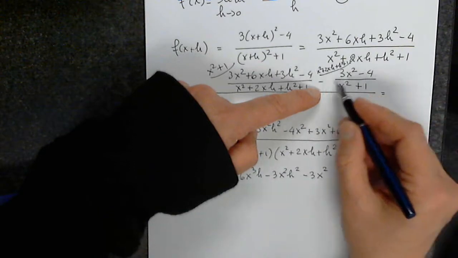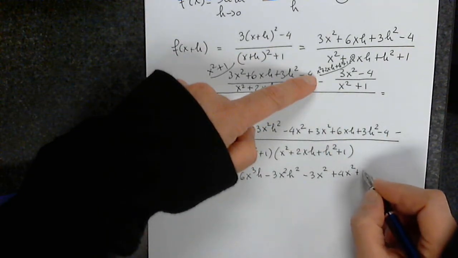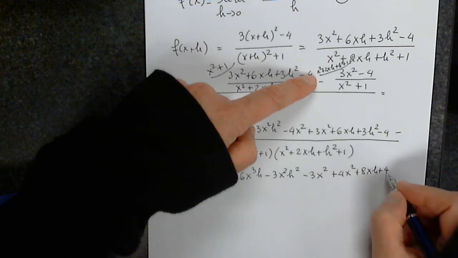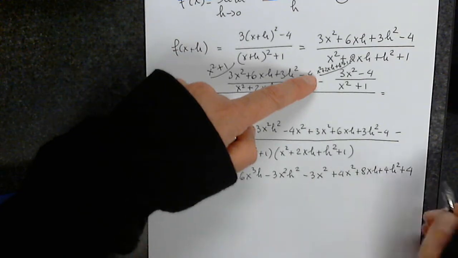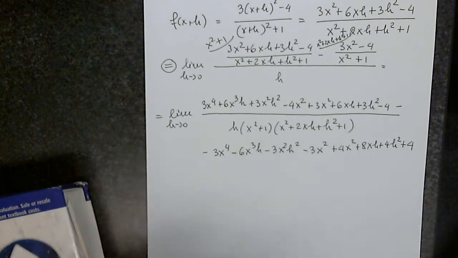Now with minus 4, but this will kill the negatives. So plus 4x squared plus 8xh plus 4h squared and plus 4. And now I hope that a lot will go away.